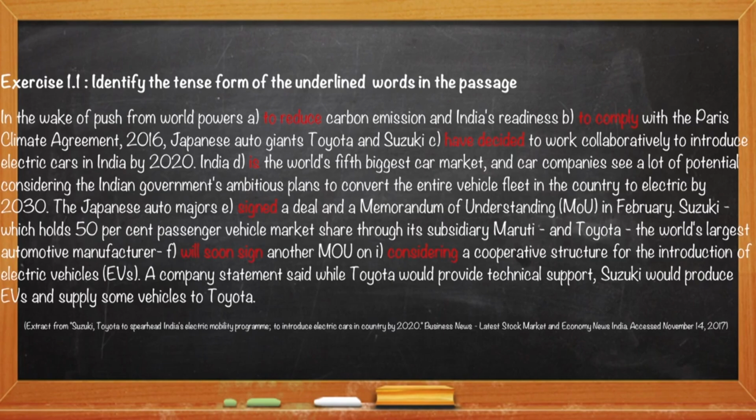A company statement said while Toyota would provide technical support, Suzuki would produce EVs and supply some vehicles to Toyota. And look at the reference here. Identify the tense form of the underlined words: to reduce, to comply, have decided, signed, will soon sign, considering.